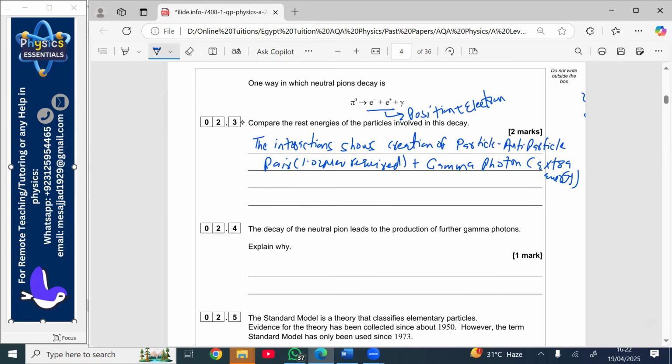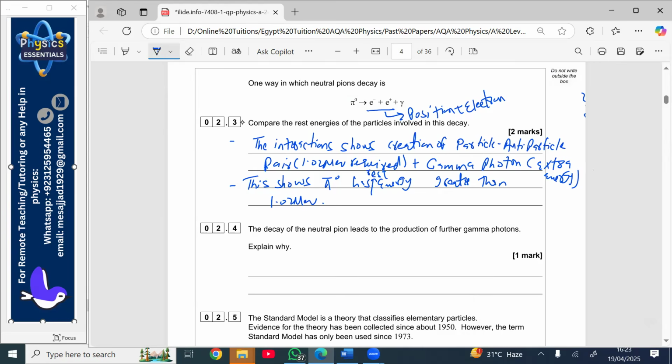So this shows the pion has energy greater than, and what energy? Rest energy. Okay, rest mass energy greater than 1.02 MeV. That's it. All right.